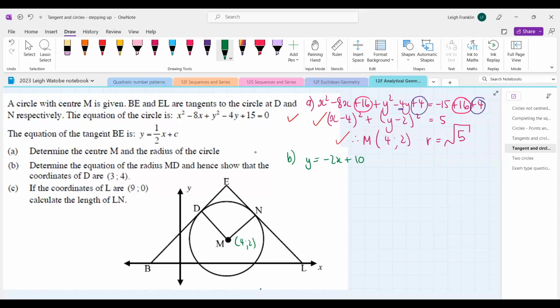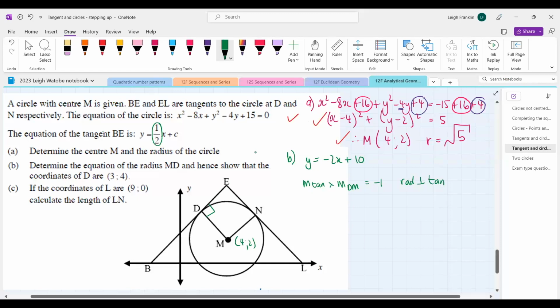We know that the radius is perpendicular to the tangent, and we know that the gradient of the tangent is a half. So the gradient of the tangent multiplied by the gradient of DM is equal to -1, because our radius is perpendicular to our tangent.